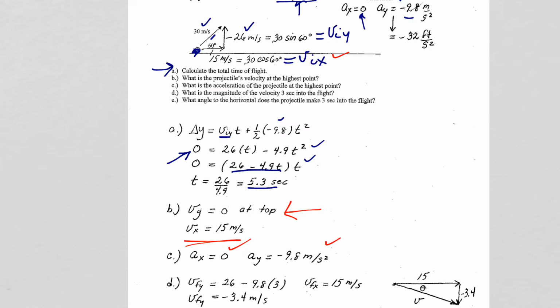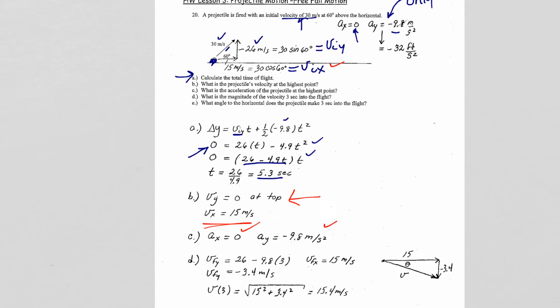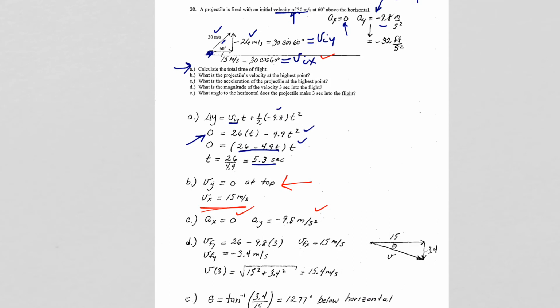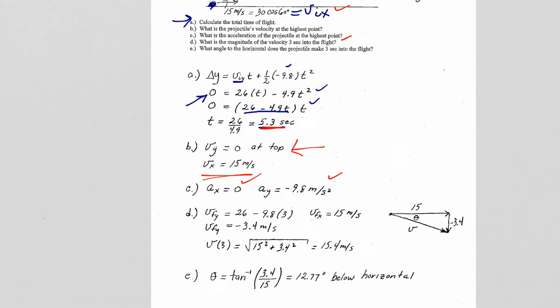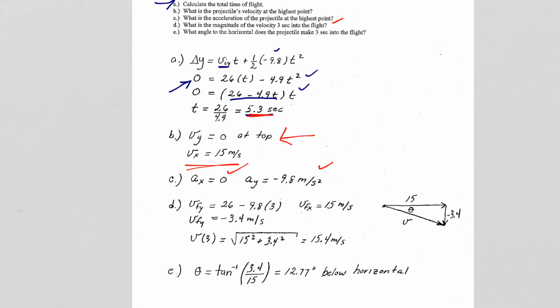To me, the most important part of this problem relative to things that could trip you up for quizzes and tests is to realize that the velocity at any point during the flight, so notice we're looking for 3 seconds, and the total time of flight is 5.3, so we're somewhere in between shooting it and having it hit the ground, and what we want to do is calculate its y velocity at that time.